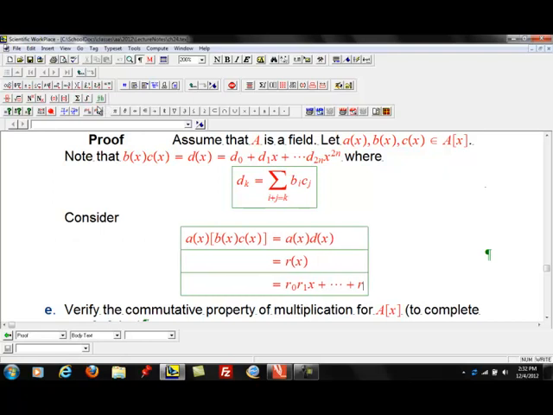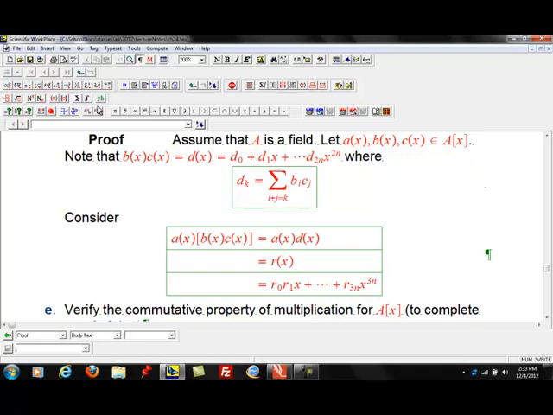Yeah, r sub 3n x to the 3n, because it's the third polynomial. D has 2n, and so we add the number of terms, the 2n plus the n for a gives us the 3n.